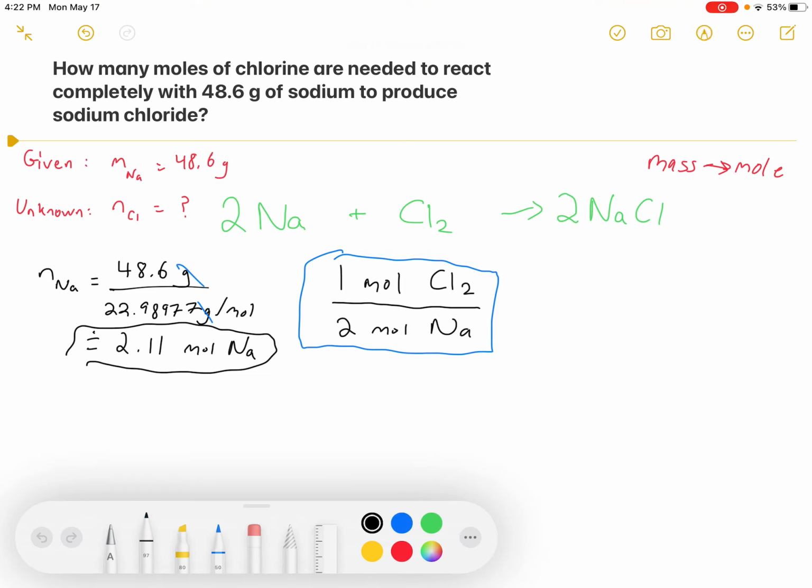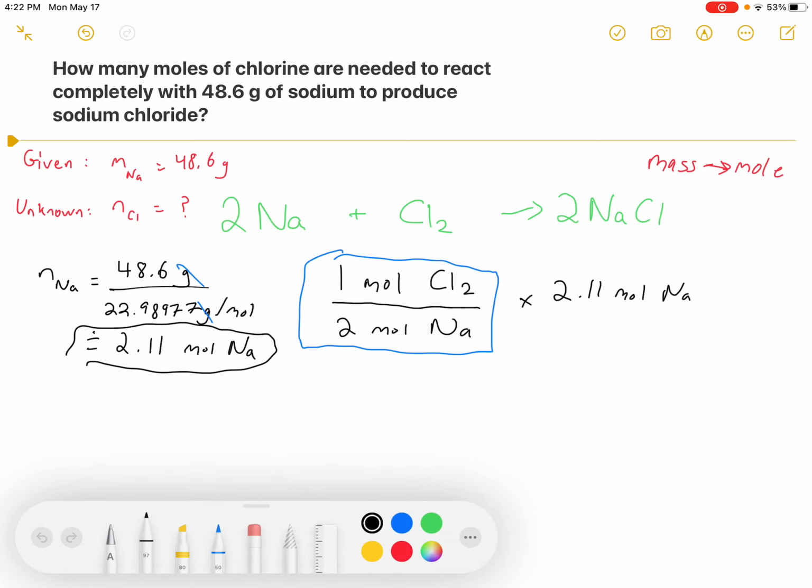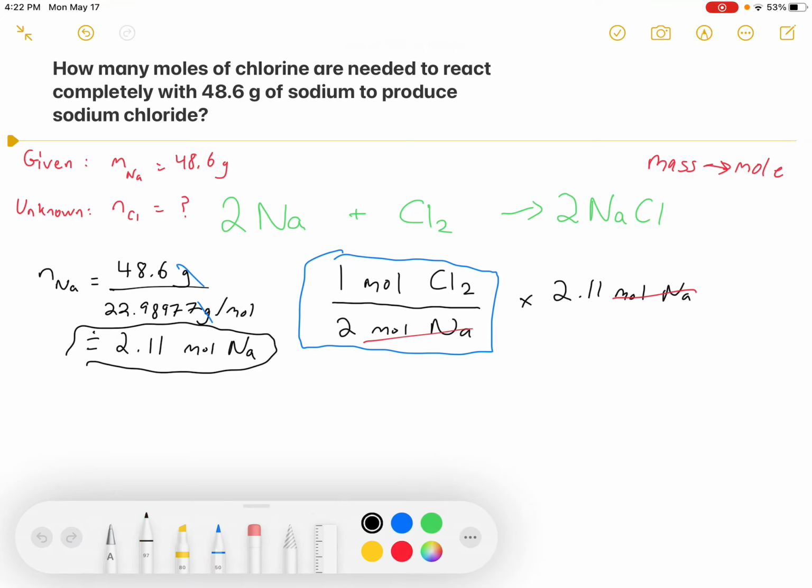So that's how we set up our equivalent proportion, just like before, and then we're going to multiply it by the moles of sodium that we found. I can double check that I've set up my multiplier correctly, because moles of sodium as a unit cancels out, leaving us with only moles of chlorine.